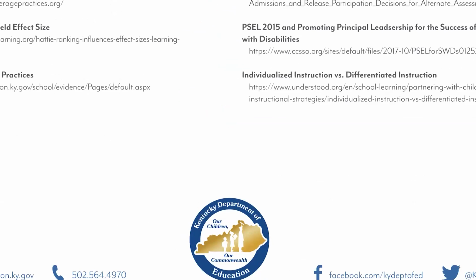All those are really, really good resources. If you go to those sites, there's lots of good information. And Hattie, I think CEC did the high leverage practices, and Hattie's work really ranks the effect size of learning, and the number one effect size is making sure that we're doing good teaching. I think it's teacher efficacy that is at the top of the list on Hattie's high yield effect size.